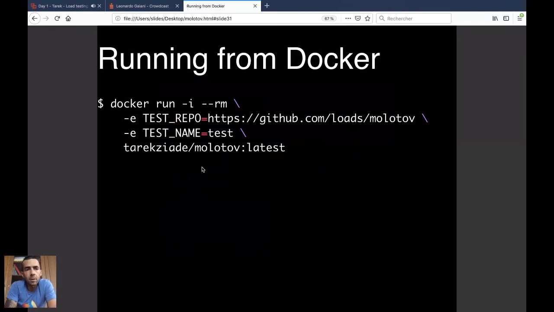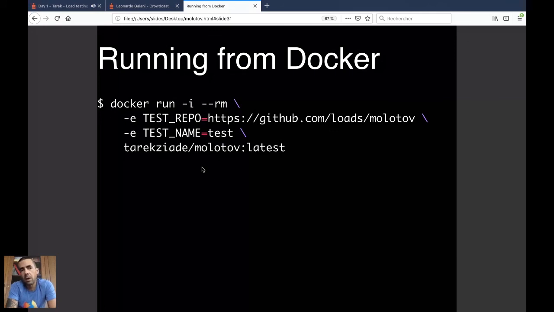And the last part we're doing is running it from Docker. Like for GitHub, you can run it from Docker using the Molotov image I've created. Basically, it's an image where you have Molotov installed, and when you do docker run with the name of the repo and the name of the test, it's going to call the previous command to pull the test from GitHub and run it against your endpoint.